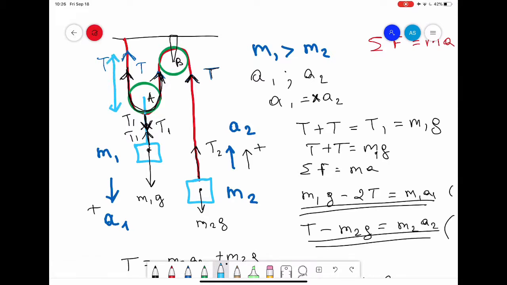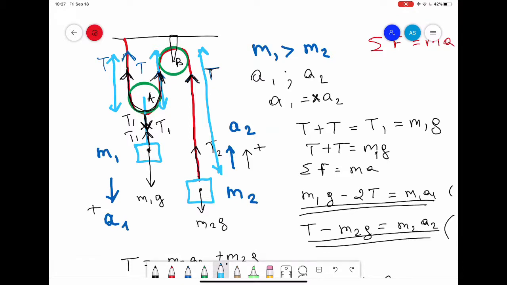Which is actually twice less than this length. That means we have this length for the rope on the left side, and also for the right side is this one. So that means for the pulley A we have what?